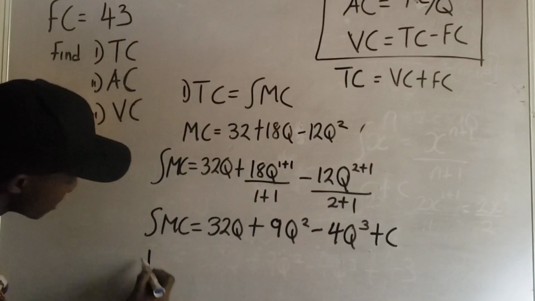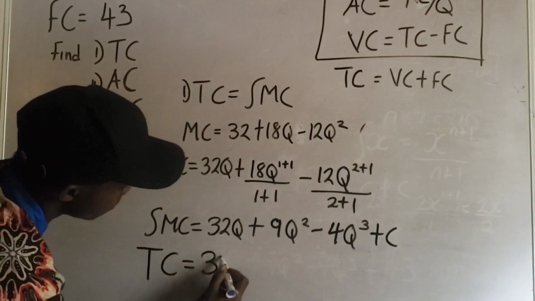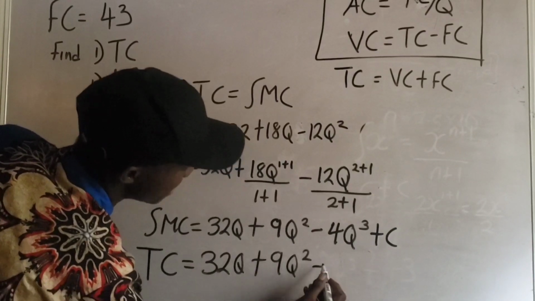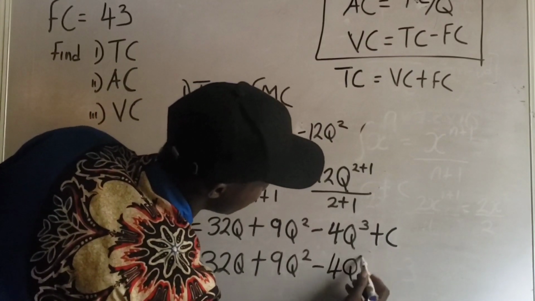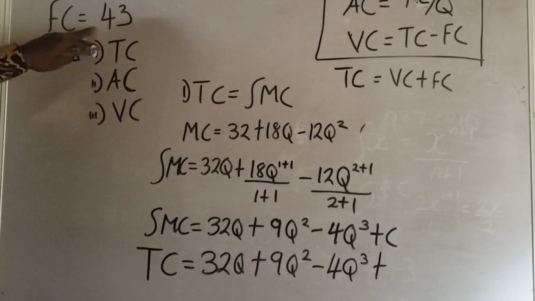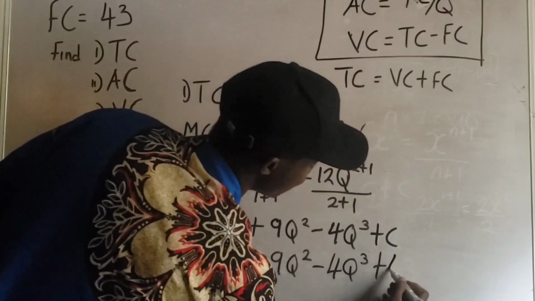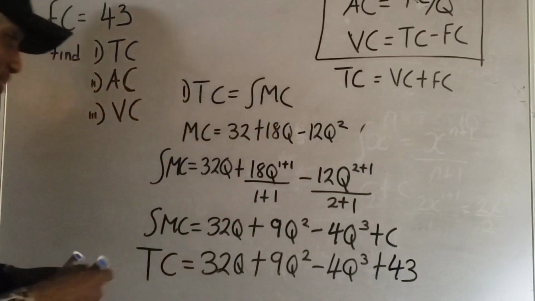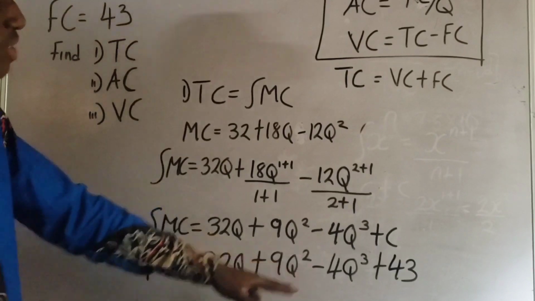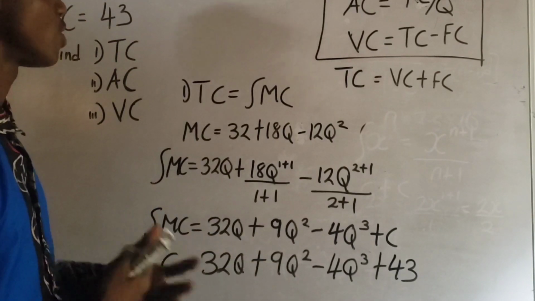So the total cost is equal to 32q plus 9q raised to the power of 2 minus 4q raised to the power of 3 plus, don't forget that the fixed cost is 43. So therefore, I'm going to add 43 in this place. So the total cost is 32q plus 9q squared minus 4q raised to the power of 3 plus 43.